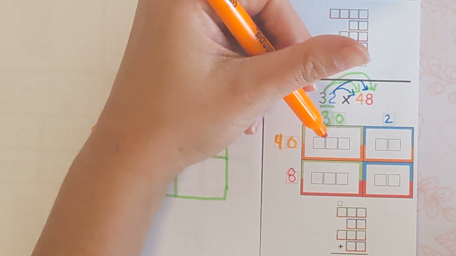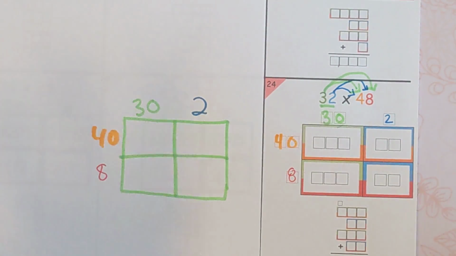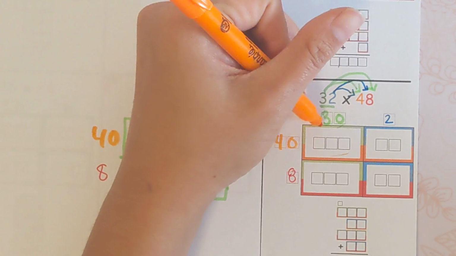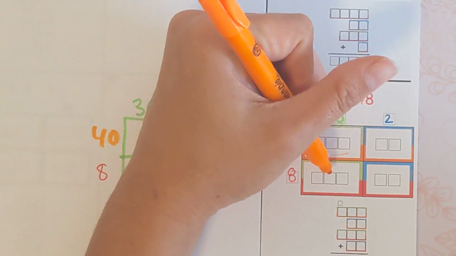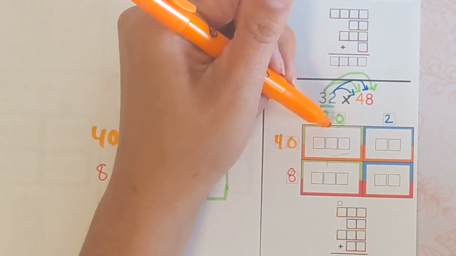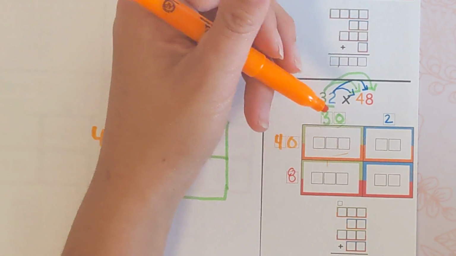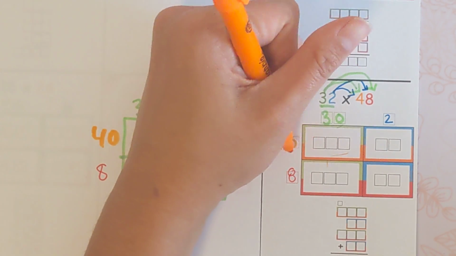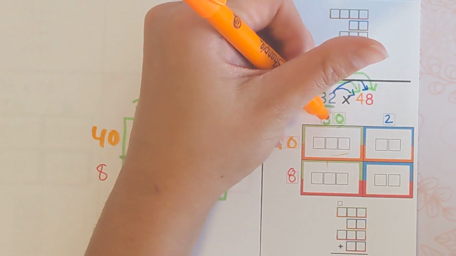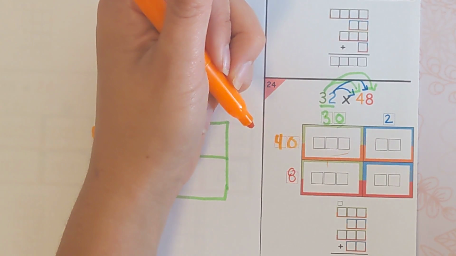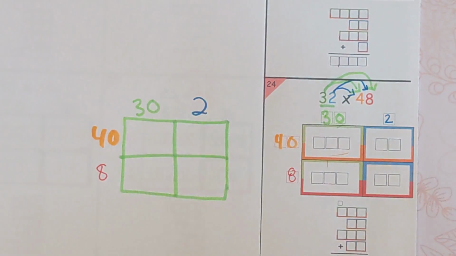So this first box here, and it doesn't actually matter what order you do them in, but I'm going to do this one first. This one is 30, because I'm in the 30 column. I'm not in the 2, I'm in the 30, times 4. 30 times 4 goes here. And to do that, I'm going to forget about the zeros and just multiply 3 times 4, and then I'll add the zeros back in.